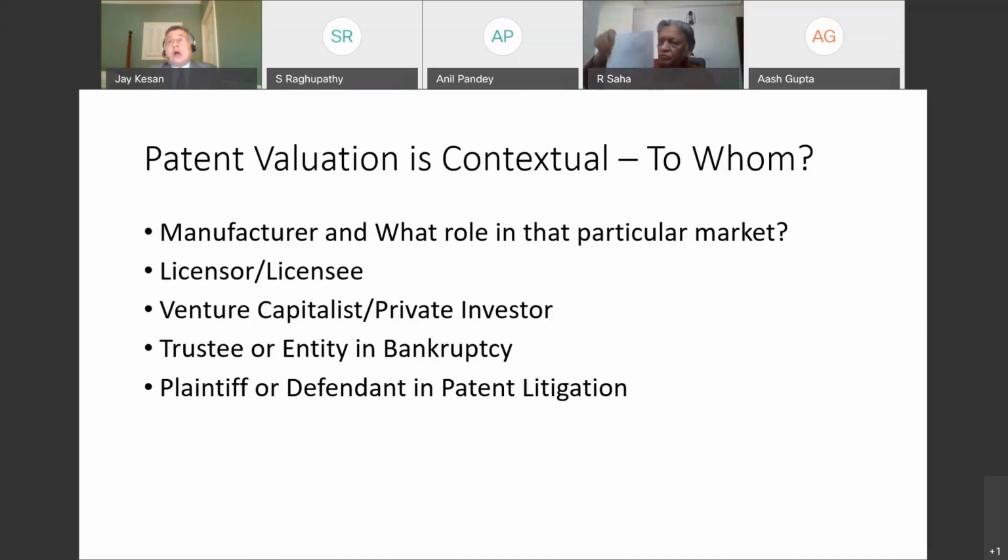Based on historical data, let's say you decide that that percentage is 0.5%. Then essentially what you're saying is this device is 0.5% of 10 million. That's 50,000. So this patent is worth about 50,000.